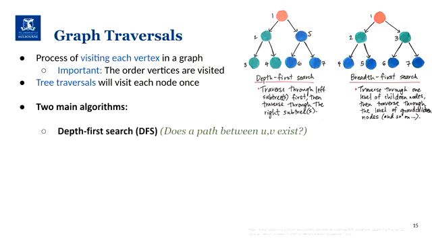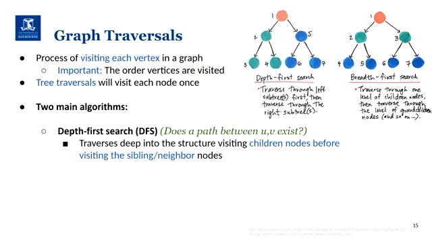The two main algorithms for graph traversal are depth first search, DFS, which is quite useful for the question: is there a path between two vertices U and V? Are they connected in some way? The main idea in depth first search is to traverse deep into the structure, visiting children nodes before we visit the neighborhood.